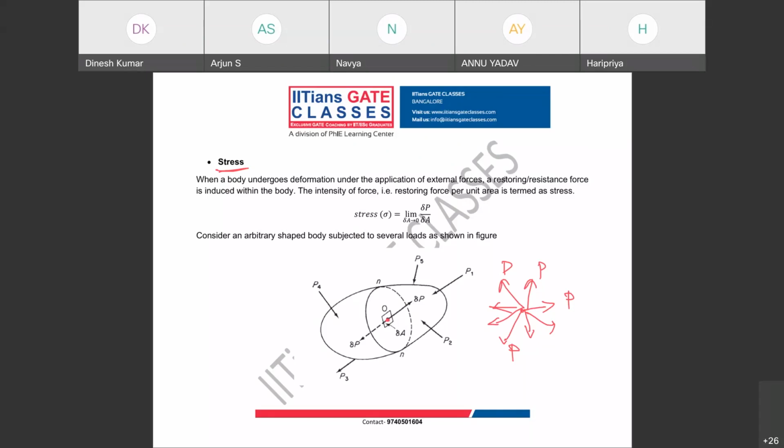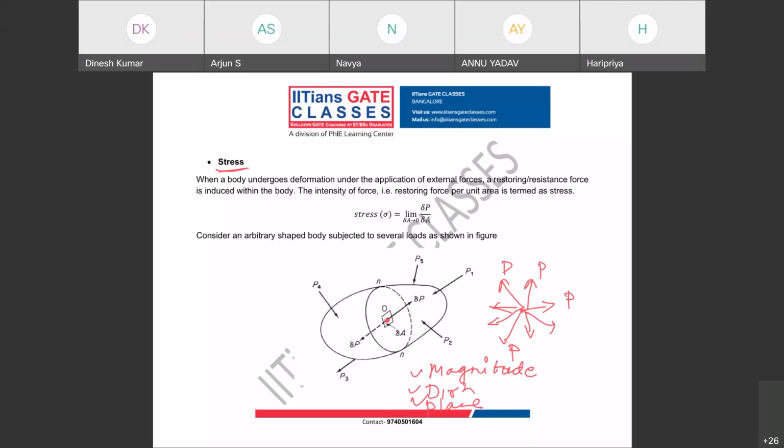What are those three things? One is magnitude, direction, and reference plane. So stress is a tensorial quantity.